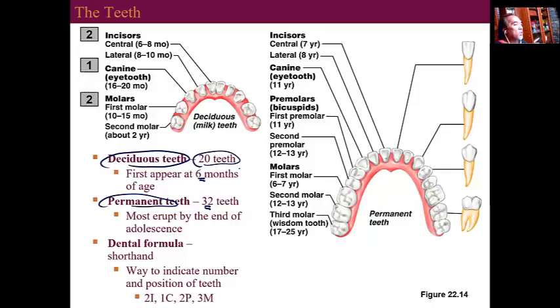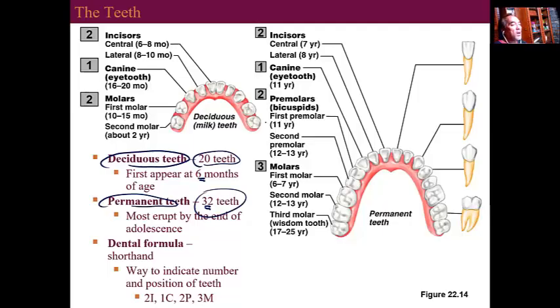So the total is 20 because that's only one side of one portion of the group. For the permanent teeth, it's actually made out of 3 incisors, 1 canine, 2 premolars, and 3 molars. So the total is going to be 32.